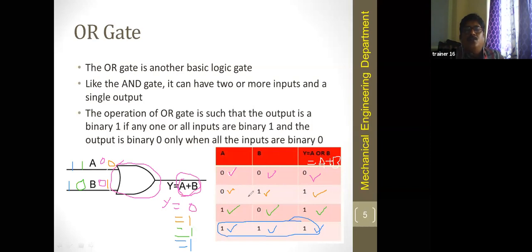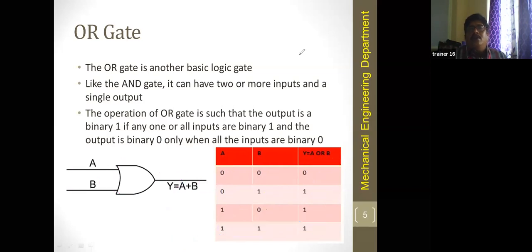If A is 1 and B is 0, then 1 plus 0 is 1. If A is 1 and B is 1, then 1 plus 1 is equal to 1. That is the output from the OR gate. So now we will go for the other gate.